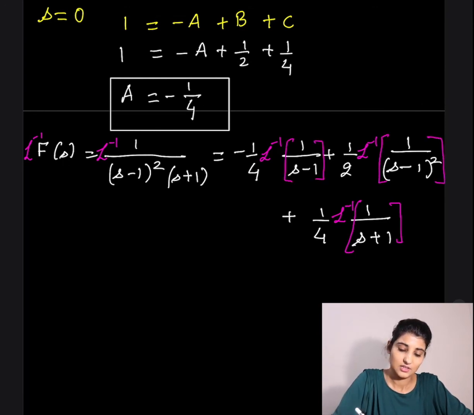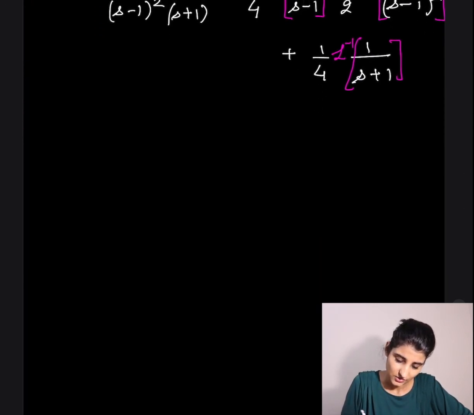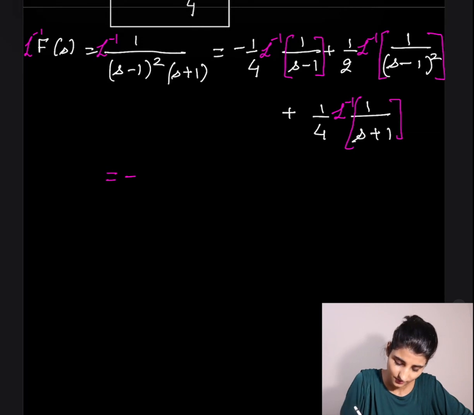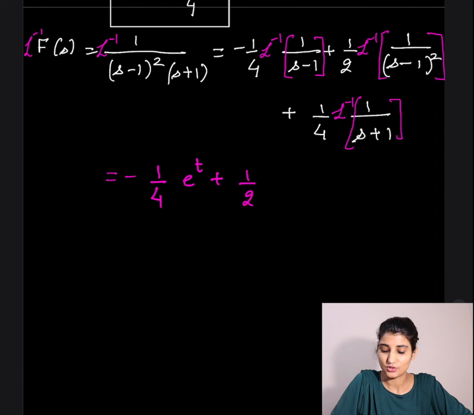Now we can use our table to find out the Laplace inverse of these functions easily. So we have minus 1/4 times Laplace inverse of 1 over s minus 1, which is e power t, plus 1/2 times Laplace inverse of 1 divided by (s minus 1) square. So what is the Laplace inverse of this function?